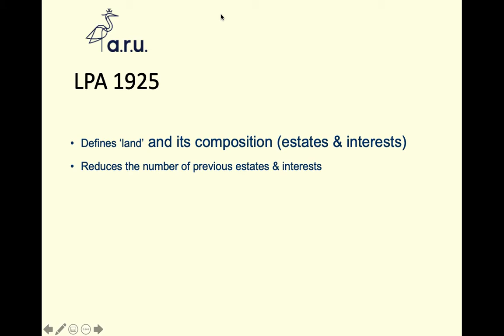So as land lawyers, we developed this system. We now have this system where we've got 2 estates, 5 legal interests. They require a deed. Everything else becomes equitable. That requires a contract, and there's only a couple of major exceptions to that: a short-term lease and a beneficial interest.